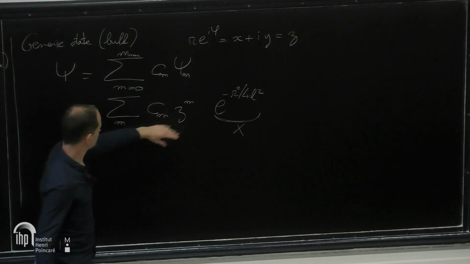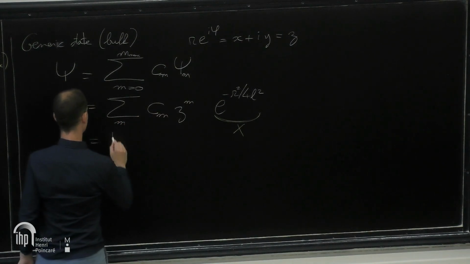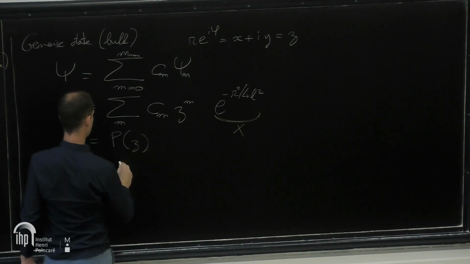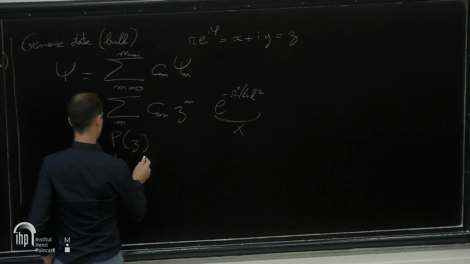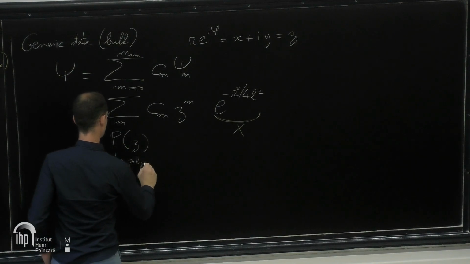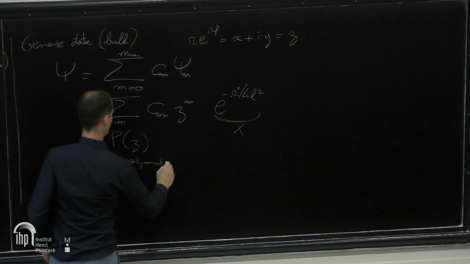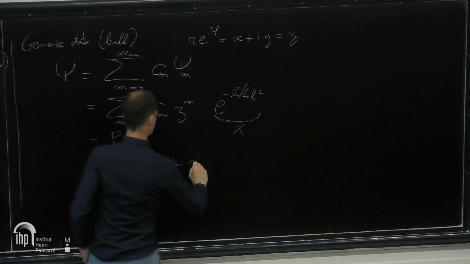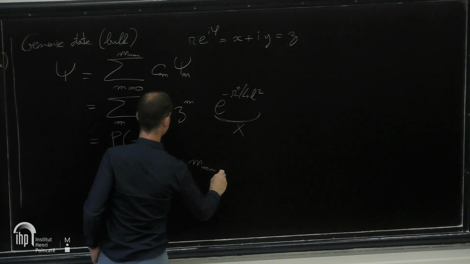So you see that we are left with a polynomial of the variable z, a polynomial of order m max.